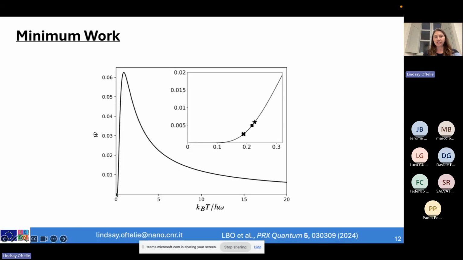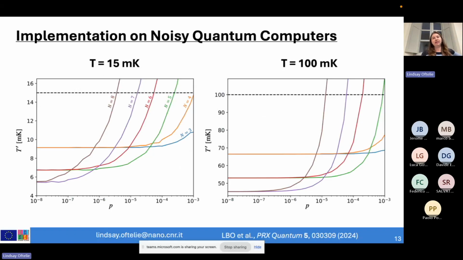In the low temperature regime, the minimum amount of work decreases exponentially with decreasing temperature, whereas it decreases much more slowly with temperature in the high temperature regime. So dynamic cooling is more effective, it's more efficient. This sounds great. We should start using it immediately on our current quantum computers. The problem, of course, comes with the implementation.